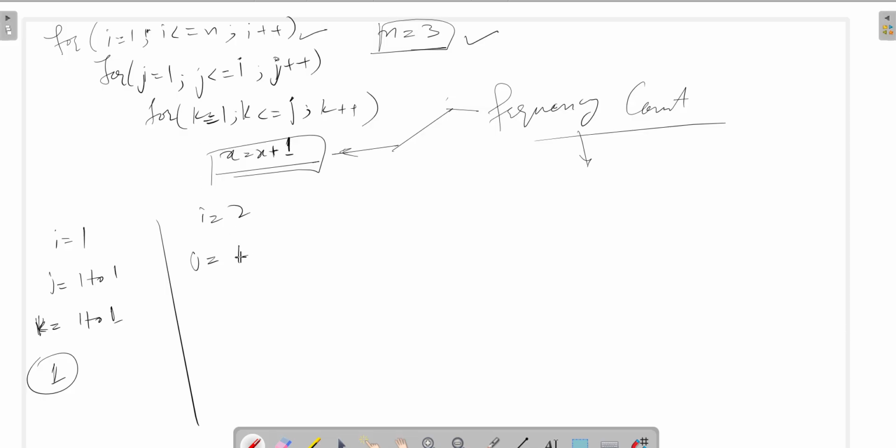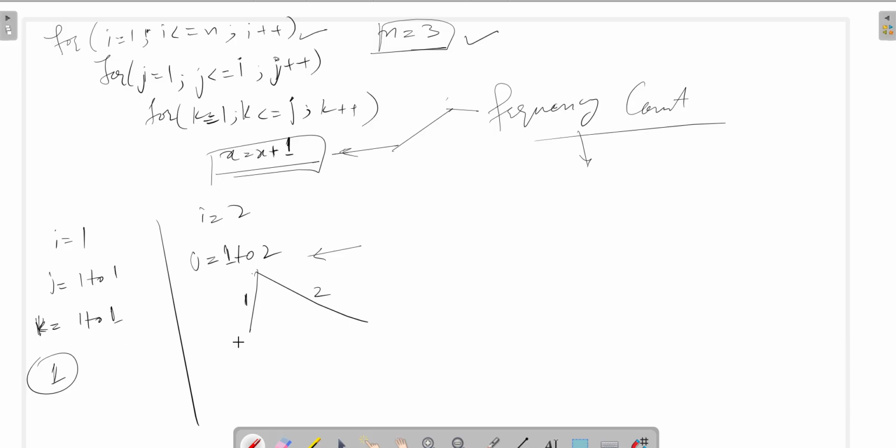So it will go from 1 to 2. Now you see we got 2 iterations of the second loop. For the first time, the value of j that will be passed down to the inner loop would be 1, and the second time the value passed down would be 2.